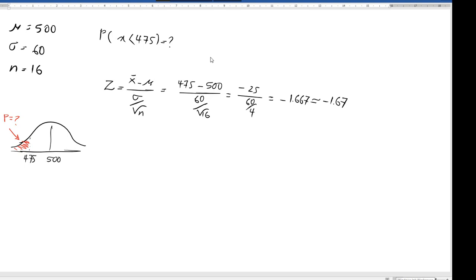Okay, now that makes sense because x is below 500 mu, so that corresponds to 0 in a standardized normal distribution table. That corresponds to minus 1.67. Now I go to the table and find the probability that corresponds to minus 1.67.